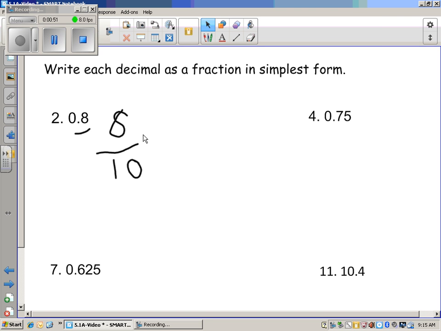Now, I have 8 over 10, so I need to simplify my fraction. I'm going to divide both numbers by 2. That's the greatest common factor between 8 and 10 is 2.